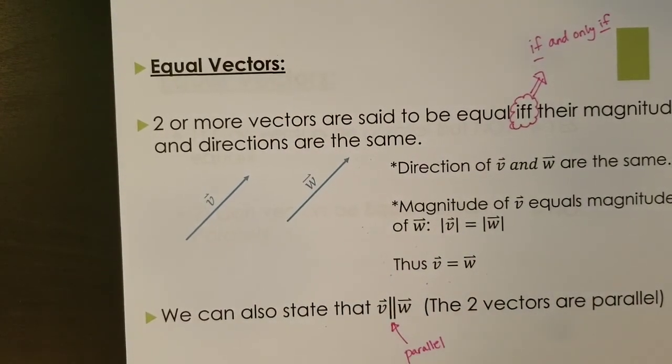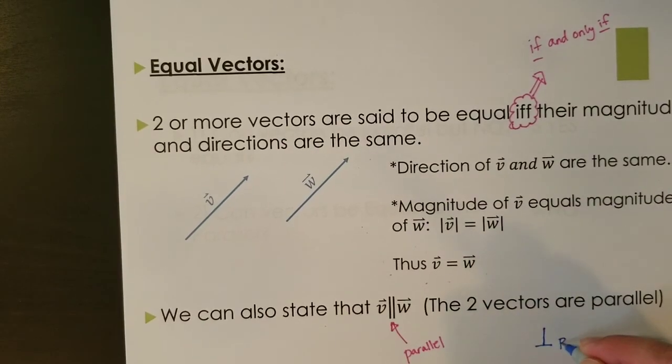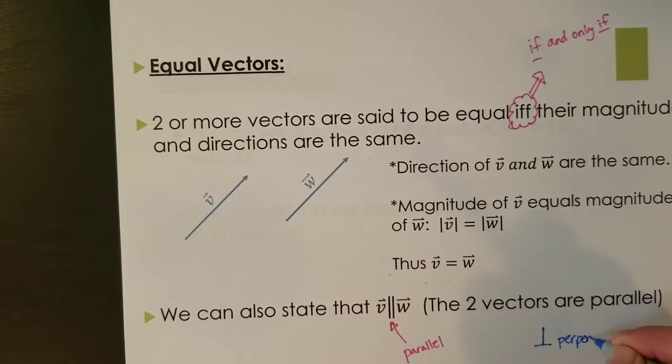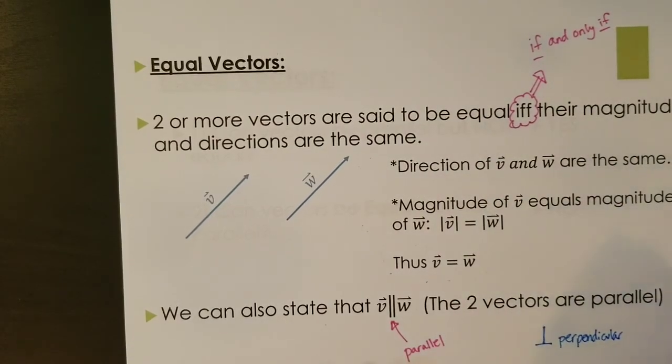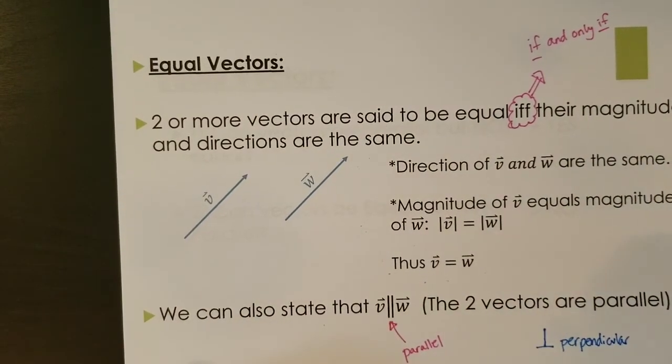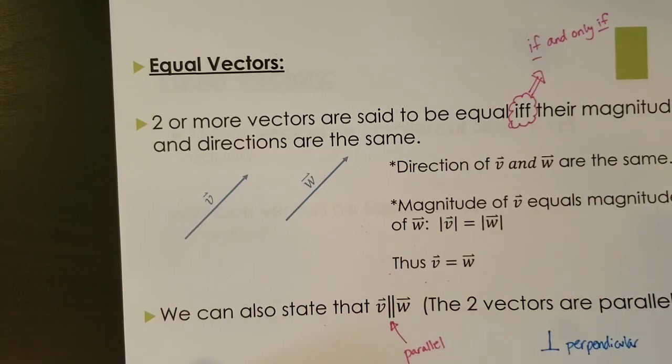So if you ever see two vertical lines like that, it means parallel. If you see the perpendicular symbol, which you guys probably have seen, that means perpendicular. So just a lot of math notation today, but hopefully that makes sense and clears that up.